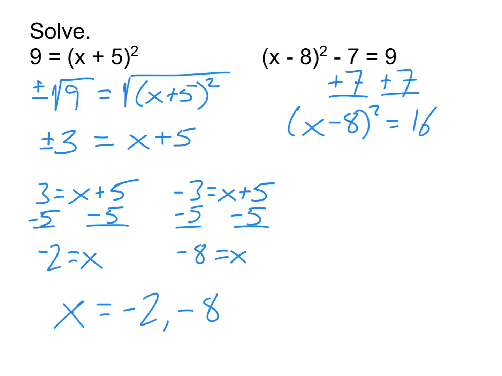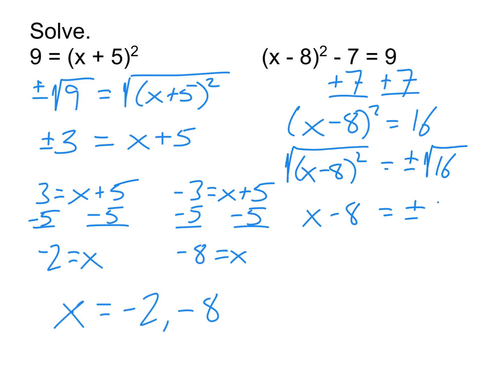So now that I have the squared by itself, this is where I take the square root of both sides. So x minus 8 equals a positive or a negative 4. Now I'm going to go ahead and split that into the two equations. So x minus 8 equals 4, and x minus 8 equals a negative 4.